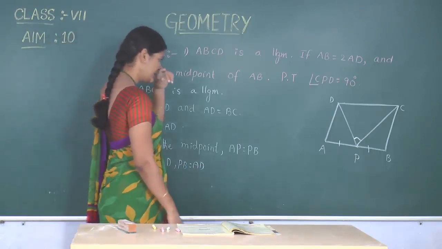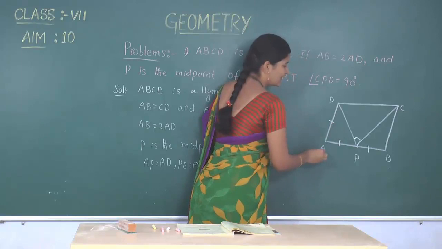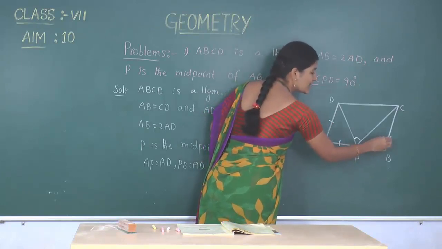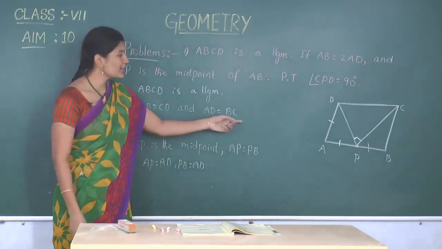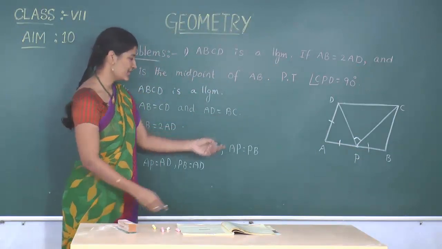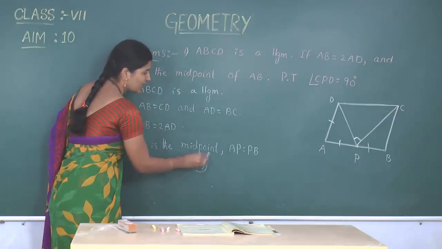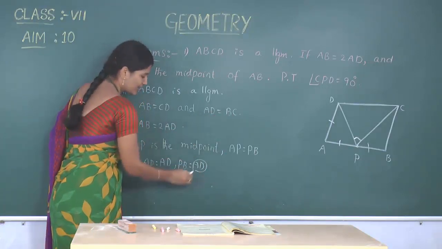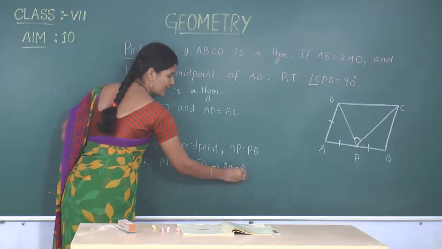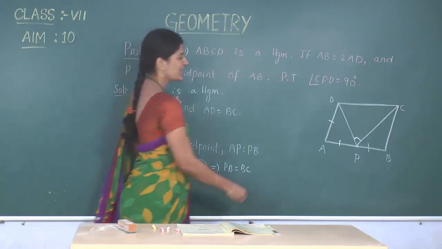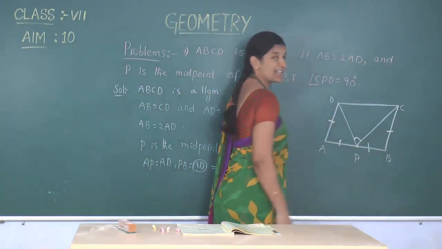Now see here, AP is equal to AD, and PB also equal to AD. PB is equal to AD means automatically AD equal to BC, so in the place of AD I can write BC. So automatically PB is equal to BC also, means here side equal to here side and here side equal to here side.